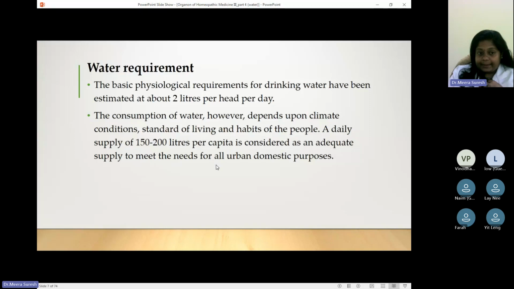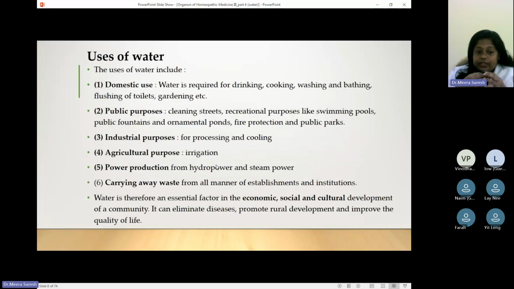urban domestic purposes. Then uses of water: domestic use, public purpose, industrial purpose, agricultural purpose, power production, and to carry away waste. The domestic use includes drinking, cooking, washing, bathing, flushing toilets, gardening.